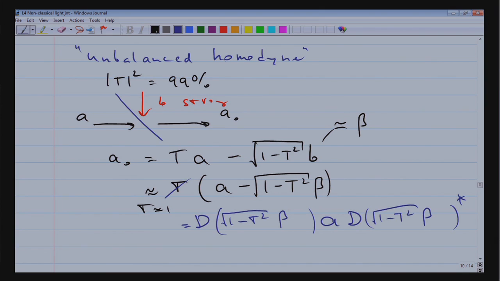So what I've shown you here is that a local oscillator and a beam splitter is the realization or implementation of the displacement operator.